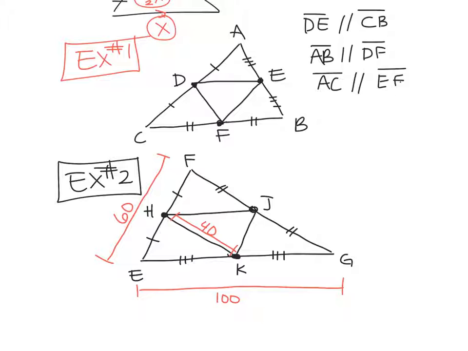All right, let's say I want to know the length of HJ. Can you tell me what that would be? If I want to know HJ. How'd you get it?